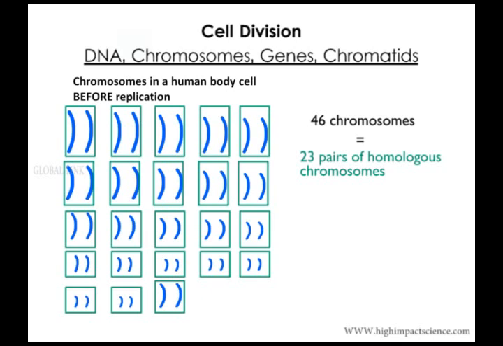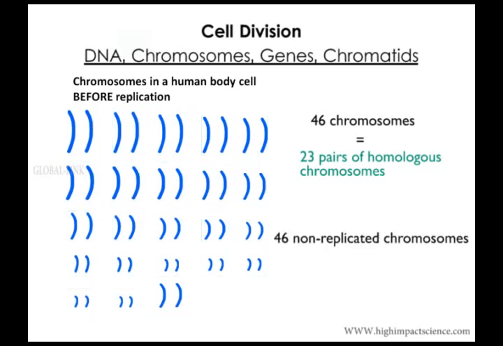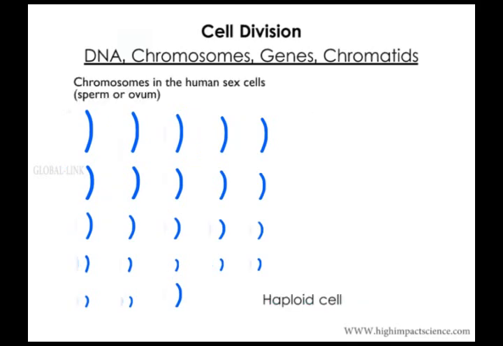So we say that we have 46 non-replicated chromosomes, which is basically 23 non-replicated pairs of homologous chromosomes. Homologous pairs only exist in body cells, which are called somatic cells, and not in sex cells. Sex cells only have one member of each homologous pair, so they have half the number of chromosomes as the body cells.